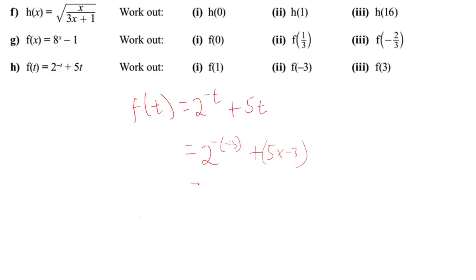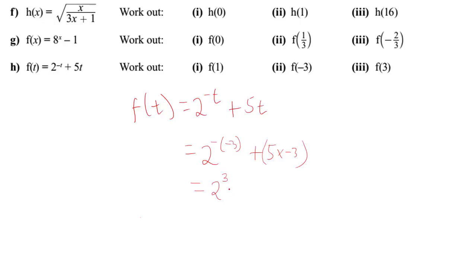Okay, moving on. Now, when you have a negative in front of a bracket like that, it means you're basically timesing it out. You can look at this as -1. So if you do -1 times -3, it becomes positive. Minus minus becomes positive. So I've got 2 to the power of +3. And then here I've got 5 times -3, which becomes -15.